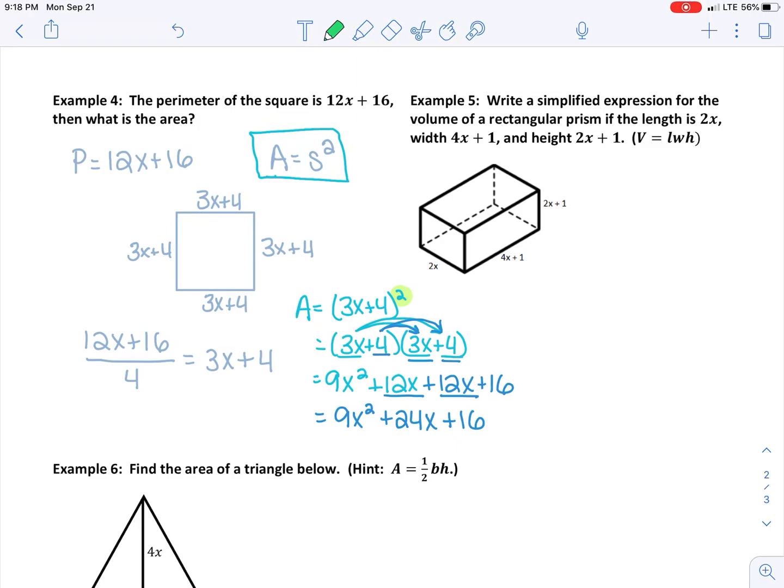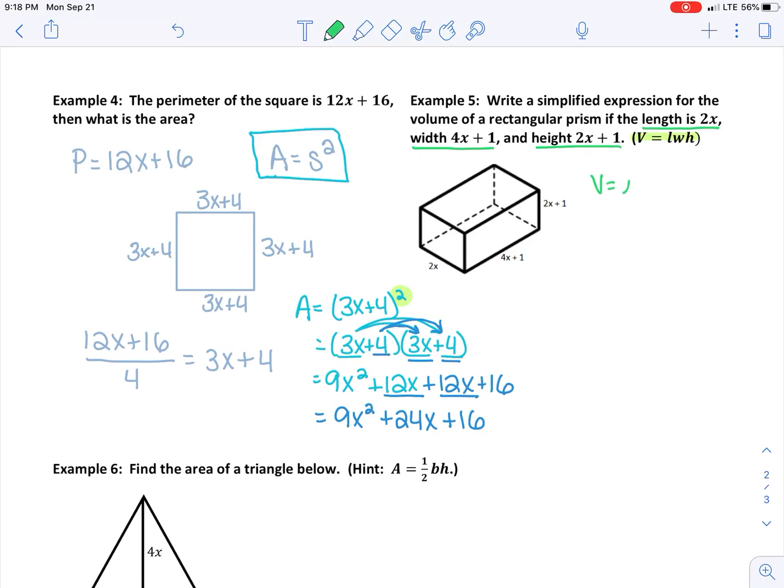Then I'm going to look at example 5. And example 5 says to write a simplified expression for the volume of a rectangular prism. It says the length is 2x, the width is 4x plus 1, and the height is 2x plus 1. Now, whenever I'm finding the volume of a prism like this, we use volume equals length times width times height.